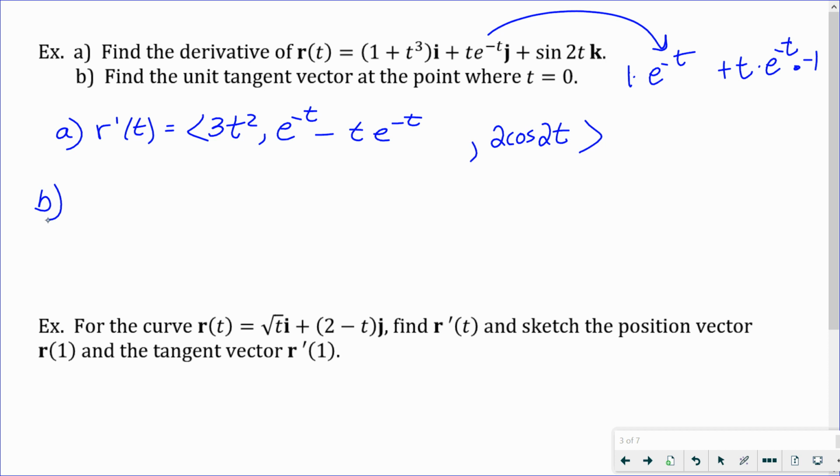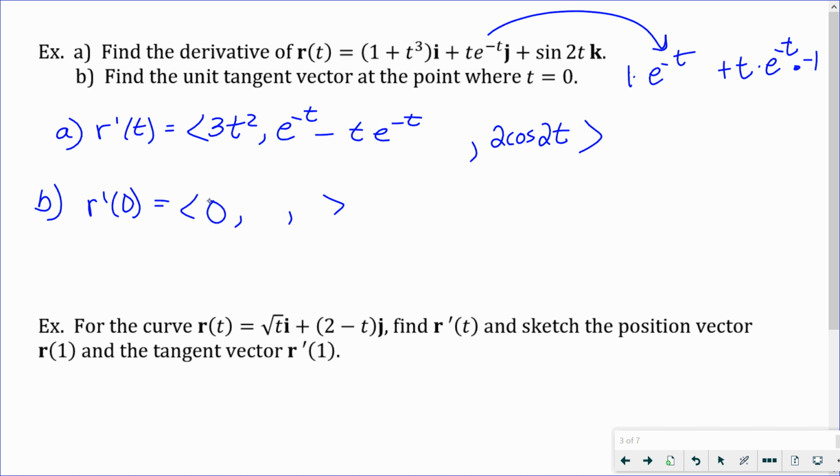So what I can do is I can find r prime of 0, and that'll be 3 little nice numbers, and then I can take its magnitude and put it underneath, right? I don't want to do all that. Sometimes you have to do the yucky thing because nobody gives you a number. But here we got numbers. So if I plug 0 into 3t squared, what do I get? 0. All right.